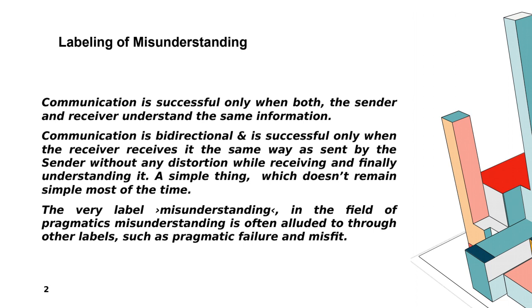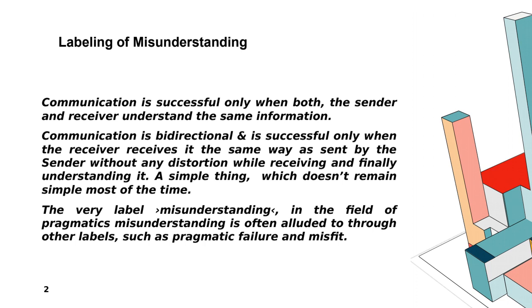You have a message, and the sender tries to send the message through signals, through non-verbal sensory information, such as gestures or mimicry on the face. Then it is the receiver's job to accept this message and decode it in a certain way, right? So we say that communication is only successful when both sender and receiver understand the same information.